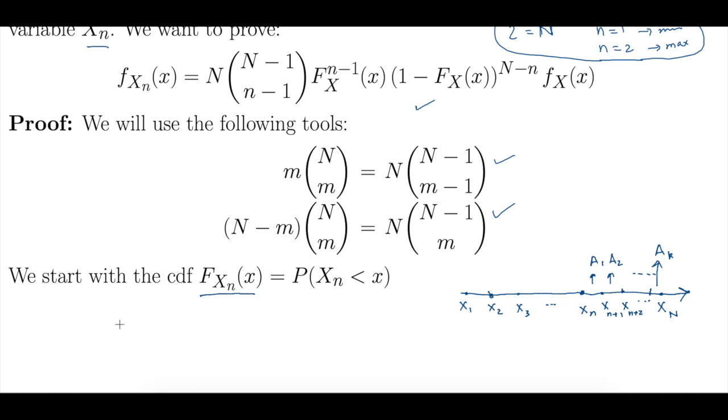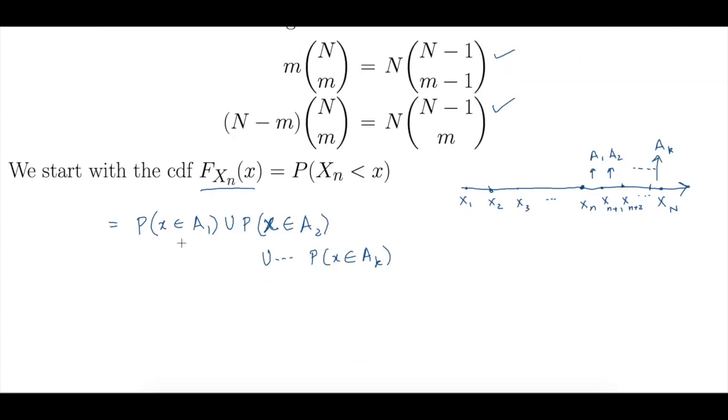So I'm going to say that this is equal to the probability that x is a member of the set A1, union the probability that x is a member of set A2, union up to AK.